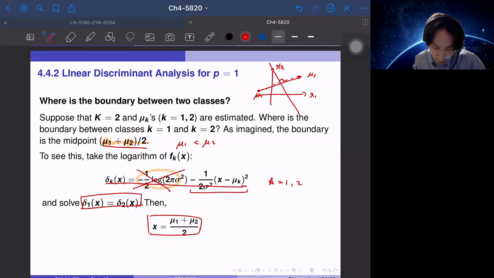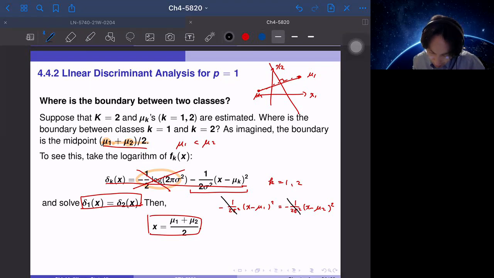So we equate this for k equal to 1 and k equal to 2: 1 over 2 sigma square times x minus mu1 square equals 1 over 2 sigma square times x minus mu2 square. The 2 sigma square does not matter because it's the same, so we just cancel it, and the x square term cancels.